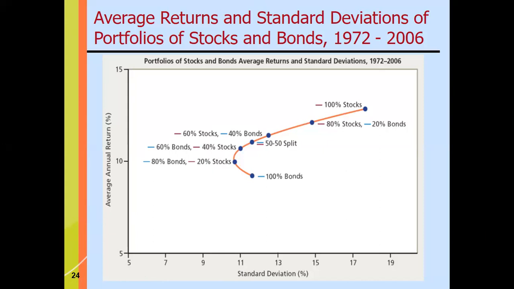We can notice that if we have 100% stocks, we would have the highest risk and the highest possibility of returns. And if we have 100% bonds, then we have the lowest. But if we do combinations, we can manage between the two extremes.